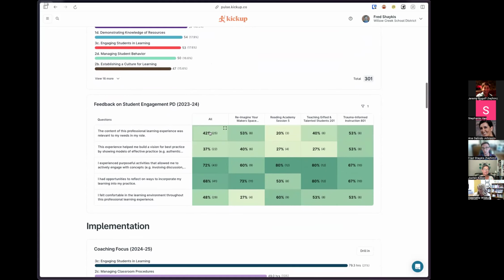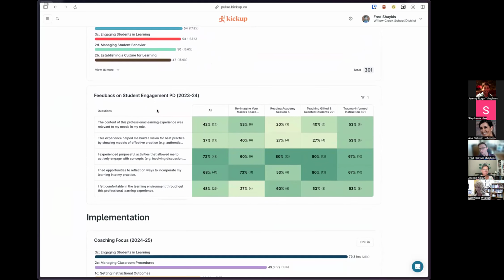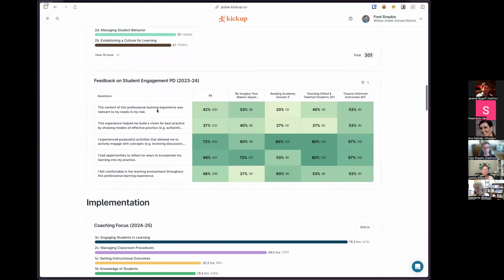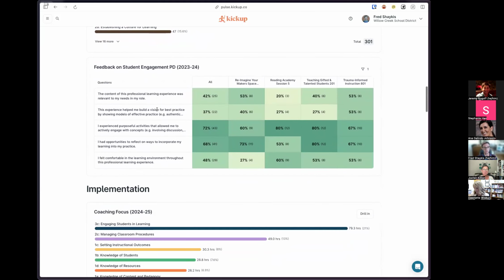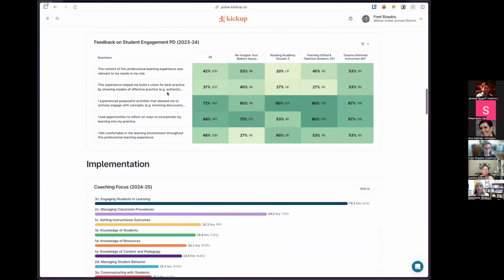Only 42% of staff found the content to be relevant to their needs in their role. So that gave them some hunches and some opportunities for improvement that they carried into this school year, where they started to plan high quality PD for this school year.